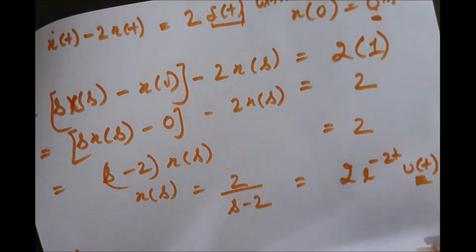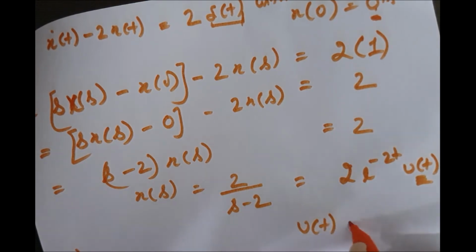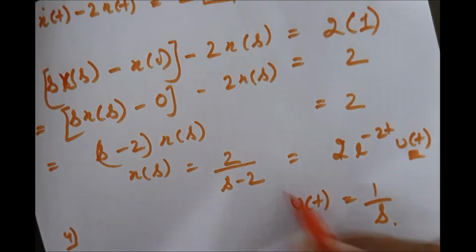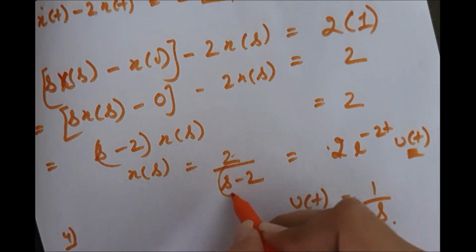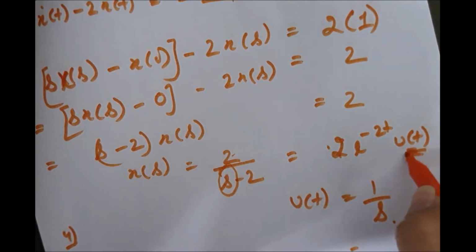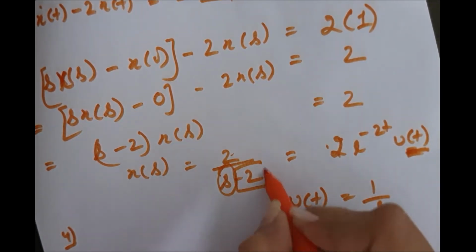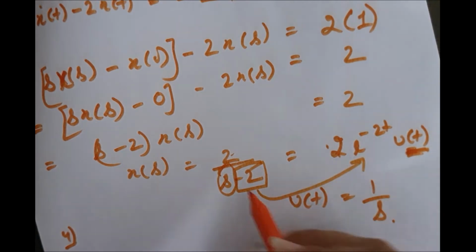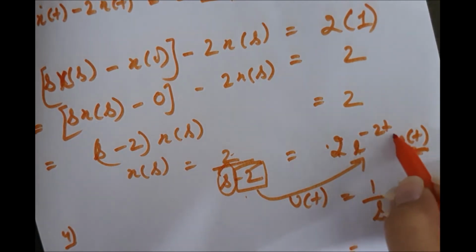This u(t) is because the Laplace transform of u(t) is 1 by s. This 2 is as it is, and because of this 1 by s, here we applied u(t), and due to this minus 2 we applied, due to the first property, exponential minus 2t.